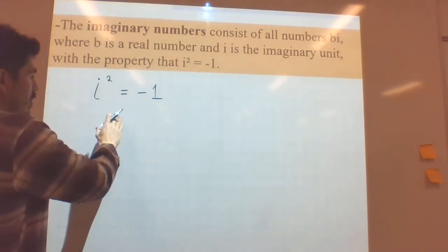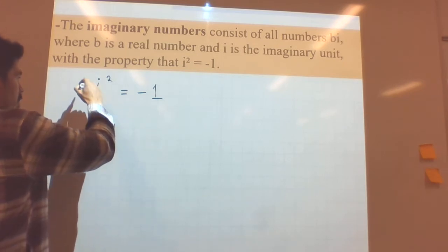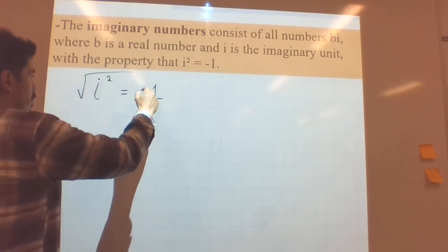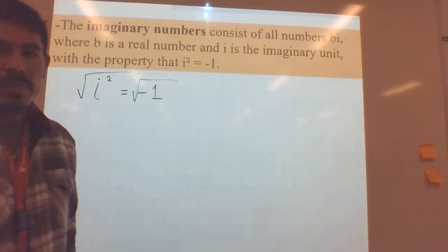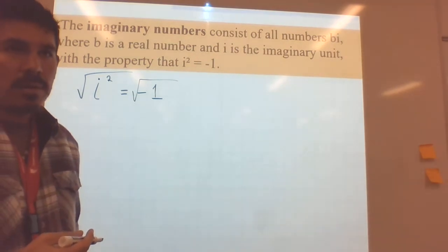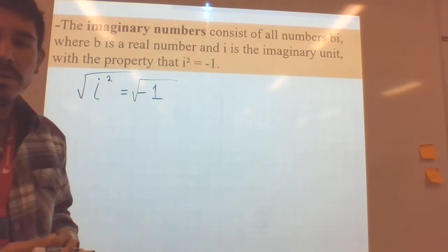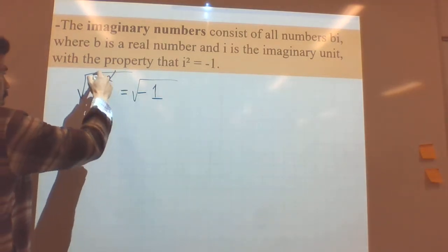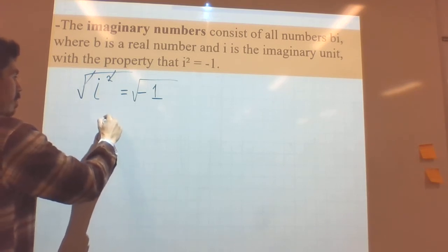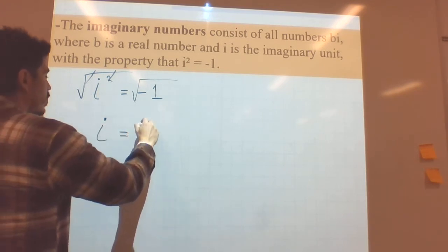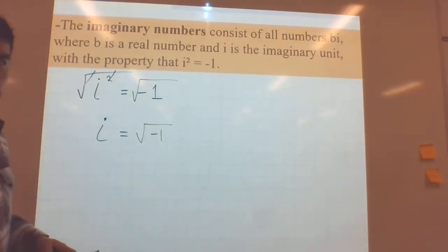If we take the square root of both sides, remember that when you take the square root of something that has a power of 2, those operations undo each other. And so what you get left with is i equals the square root of negative 1. And so we're going to use this.